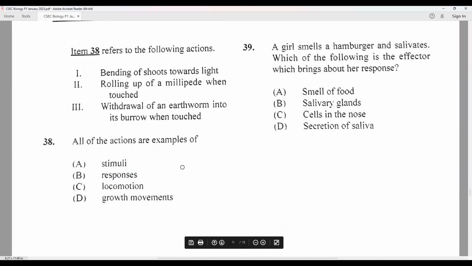38 refers to the following actions: bending of shoots towards light, rolling up of a millipede when touched, withdrawal of an earthworm into its burrow when touched.